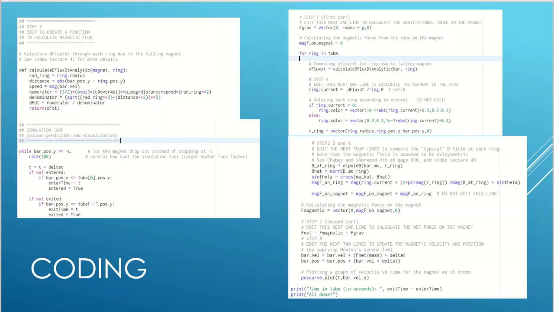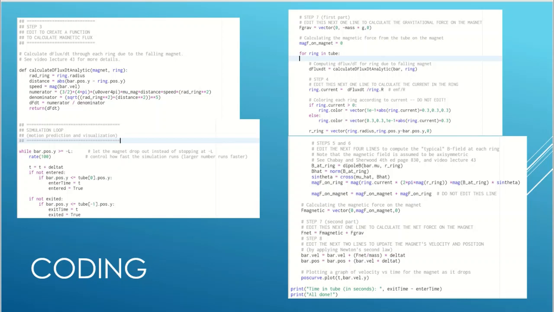Then the simulation loop is created through a series of while loops and if statements. And then next, the force of gravity is calculated by multiplying mass times gravity, and then the negative sign is there because it is falling down, which has been established as the negative direction in this simulation.